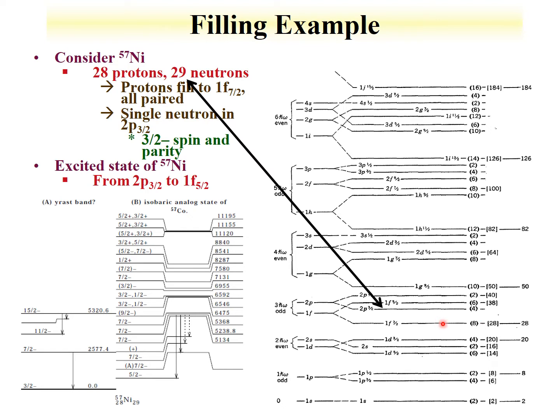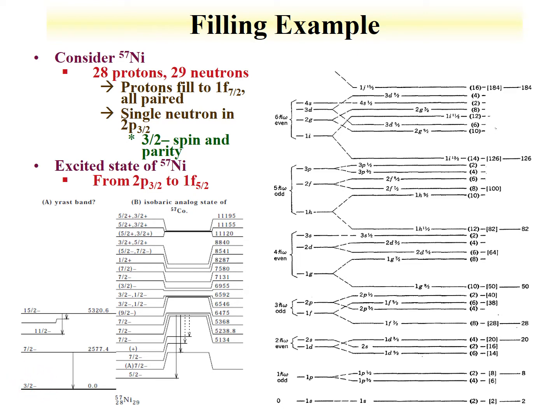The 29th lives in the 2p3/2 orbital. p3/2, p has an angular momentum of 1, so negative parity, 3/2. We would expect the spin and parity of nickel-57 to be 3/2 minus, and sure enough, the ground state is.